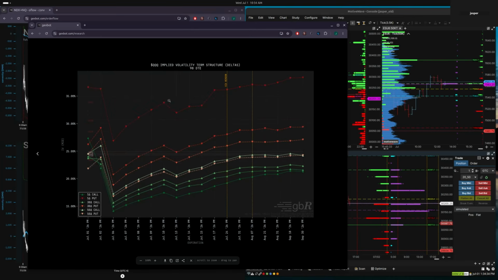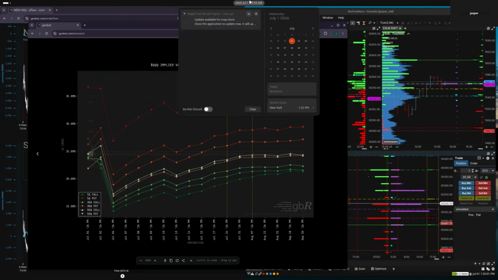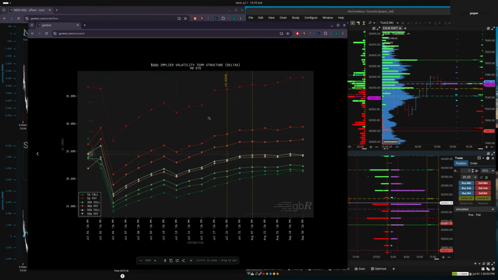A kink would be, okay, we see this gradual slope and then it comes down here on July 13th and it continues. It's also depressed right here. So you can call it a kink in the skew. But that doesn't necessarily imply that if these vols are depressed, I should buy these vols expecting them to lift up. There's probably some structural reason causing that.